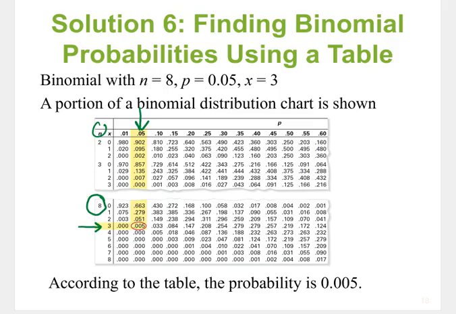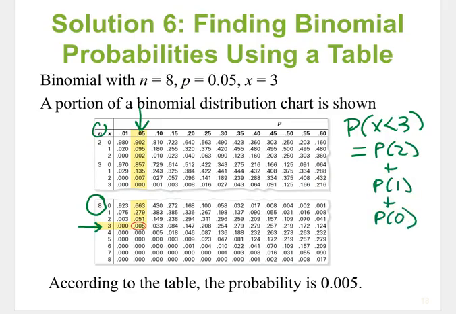The charts are super nice, especially if they ask you to find what's the probability that it was less than 3. Well, that would just be the probability that it was 2 plus the probability that was 1 plus the probability that it was 0. And those are right here. This one is the probability that it's 2. This value is the probability that's exactly 1, and this probability is 0. So I would just write down those 3 probabilities and add them up.